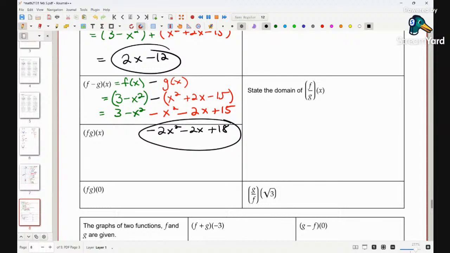f times g of x. I rephrase. f times g of x literally means probably what you think. Multiply these things. f of x times g of x, which means we're going to do 3 minus x squared times x squared plus 2x minus 15.